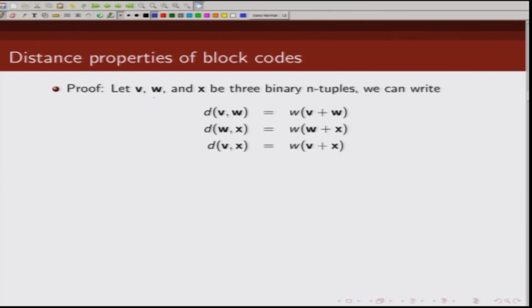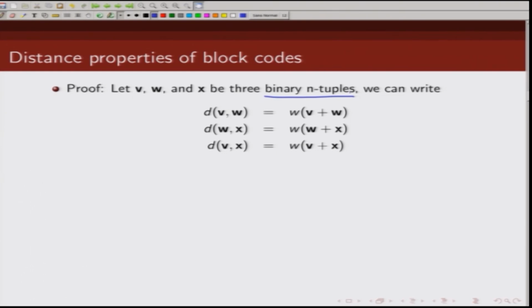So, let V, W and X be 3 binary n tuples. The Hamming distance between V and W can be defined as the Hamming weight of V plus W. Note that we are talking about binary n tuples. And what is Hamming distance?